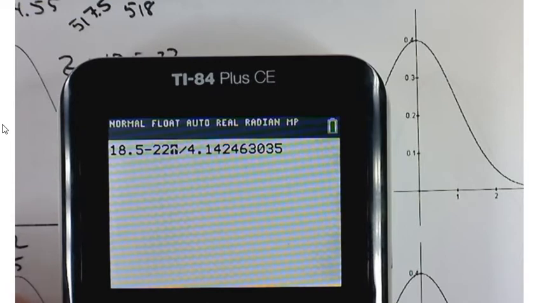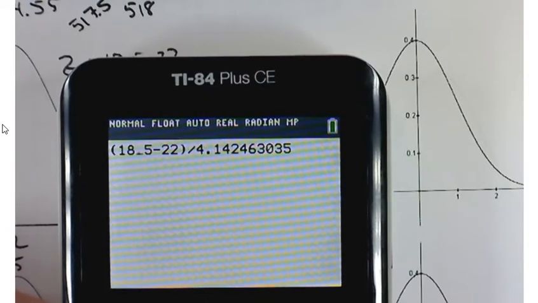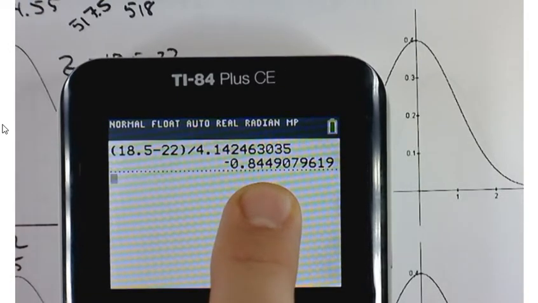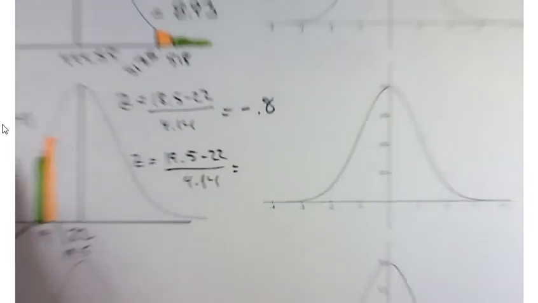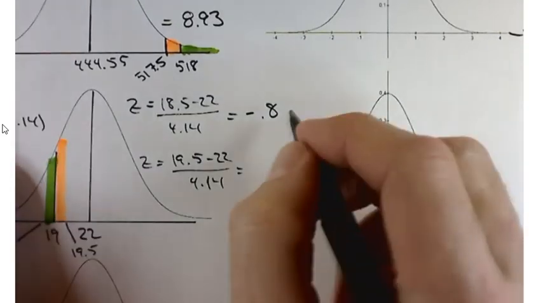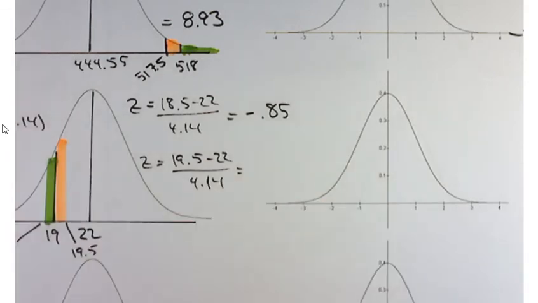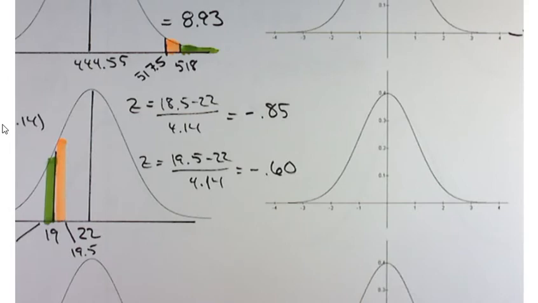Oh, yeah, I'm missing a parenthesis. Insert a parenthesis here. Insert 18.5. All right, so this one would round different. So it's all right. I'll cut you a little bit of slack on your exam, but it's helpful to see your work. Negative 0.85 and negative 0.60 are two z-values.